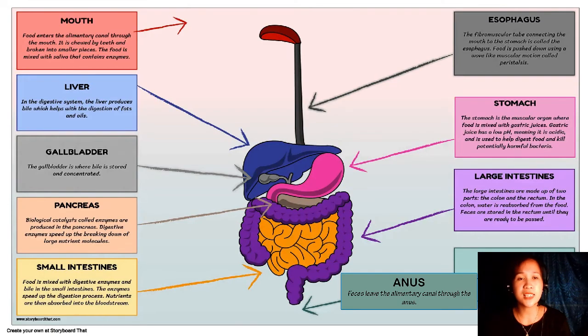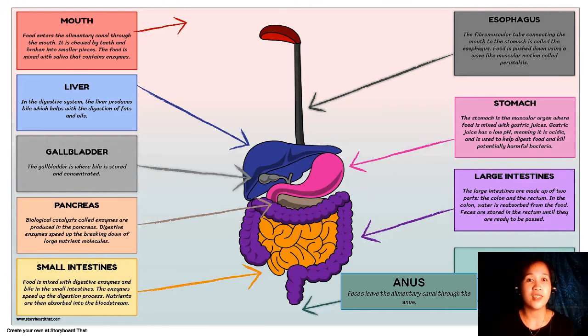So again, this is the process of the digestion. These are the different structures that are involved in the digestive system. The process of digestion is ingestion, digestion, absorption, assimilation, and elimination or excretion.